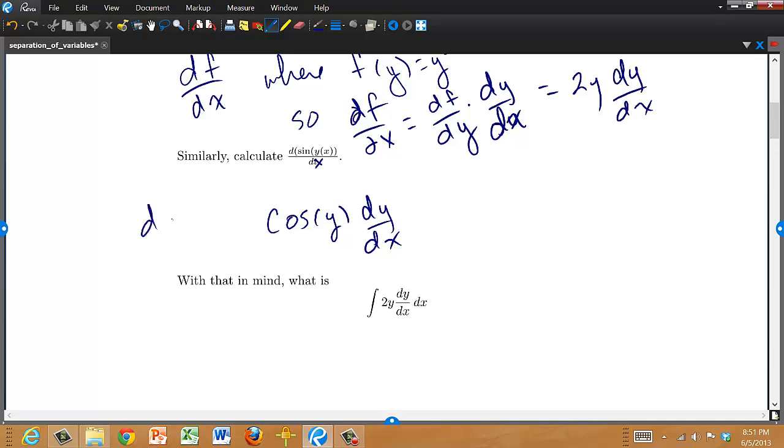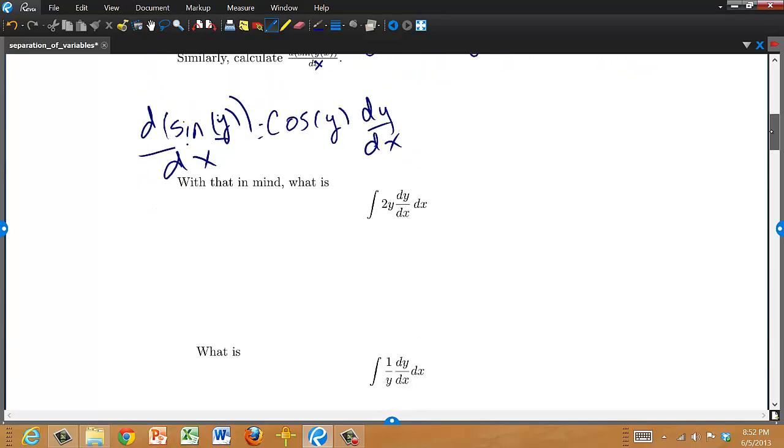So the derivative of sine y with respect to x is going to be cosine y dy dx. Okay, so with that in mind, let's go ahead and try this backwards.